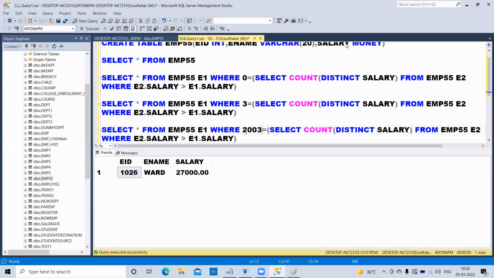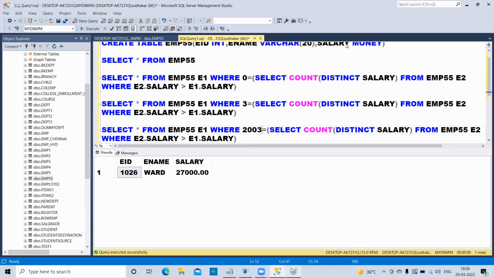So the advantage here is that n minus 1 is the only formula. You can find any nth highest salary; only n minus 1 I want to change, and the remaining query stays as it is.